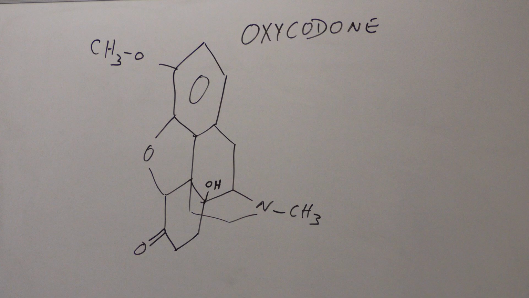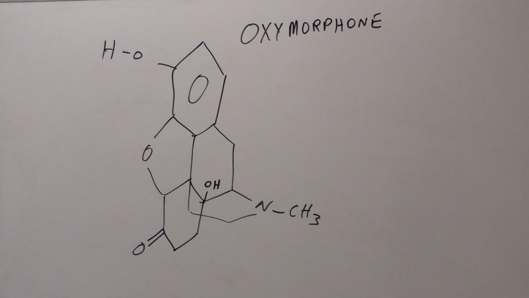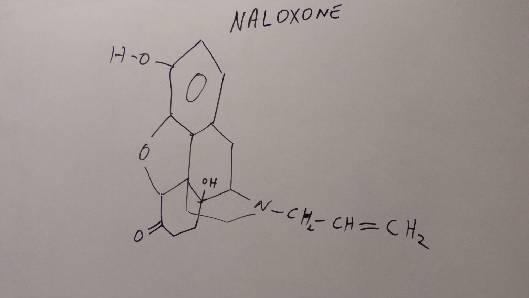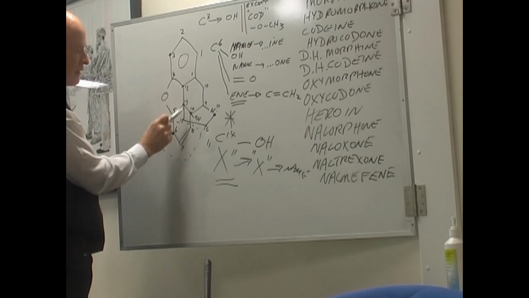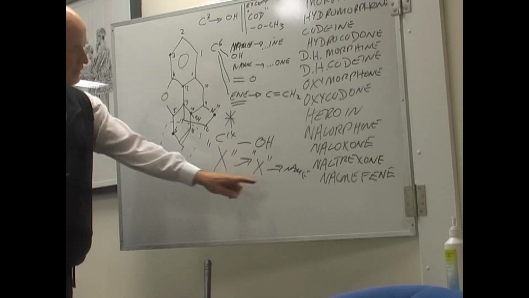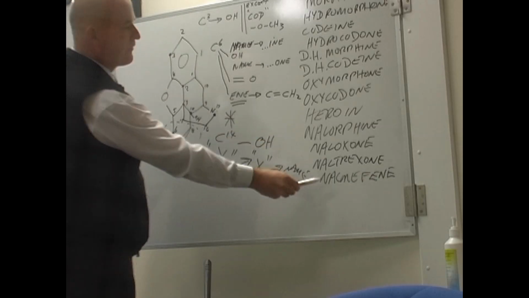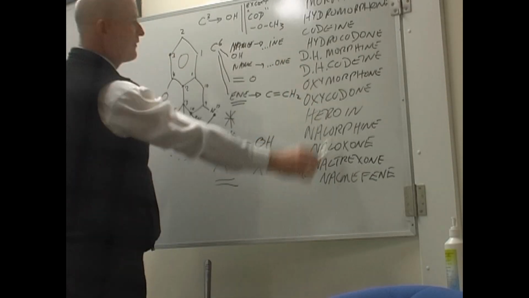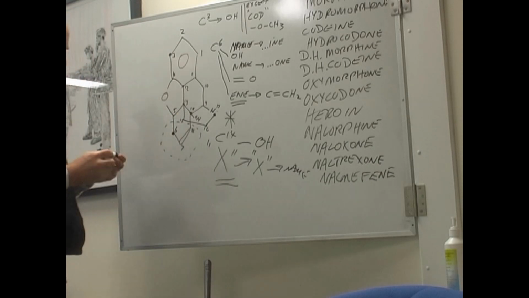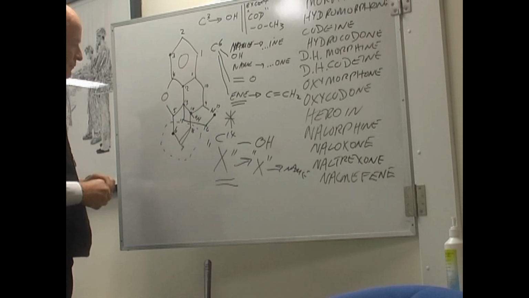So, oxycodone, oxymorphone, naloxone. These all have X's in their name, and what they also have is an OH on 14 that makes this X-shaped. So, if it doesn't have an X in its name, it doesn't have an OH on 14. If it does have an X in its name, then it does have an OH on 14.